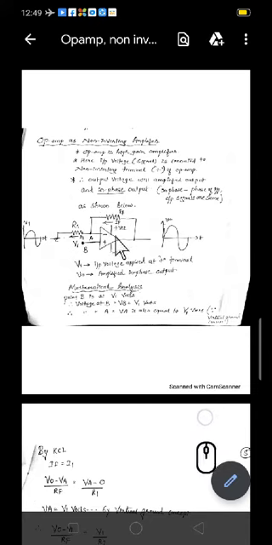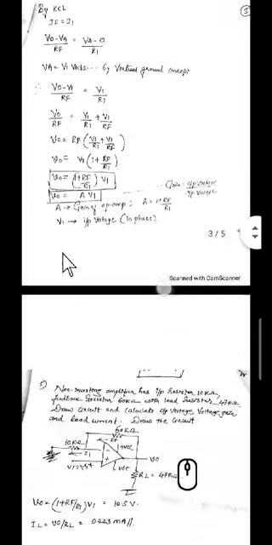Therefore IF is in this direction, I1 is shown in this direction. So KCL is IF entering the node A. IF is equal to I1 which is leaving the node, which is written here. I1 is equal to IF.